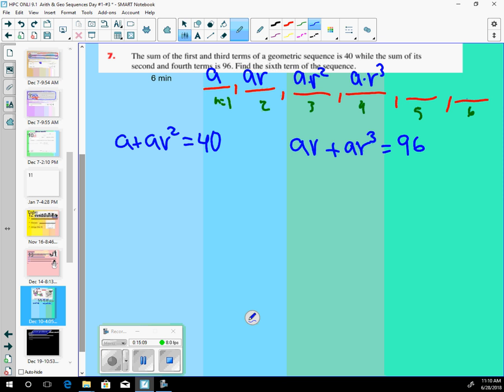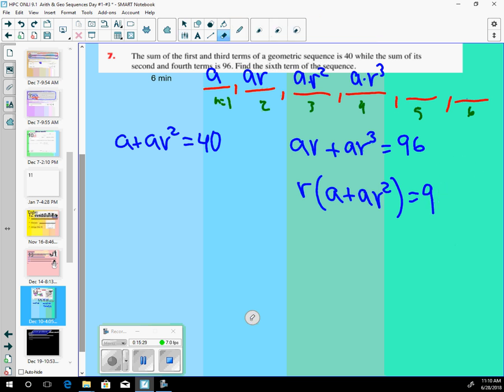All right? So AR, what if I took out an R here? I would get R times (A plus AR squared) equal to 96. Why is that such a handy thing? Looking at the algebra, can you see how a nice substitution is in order here?